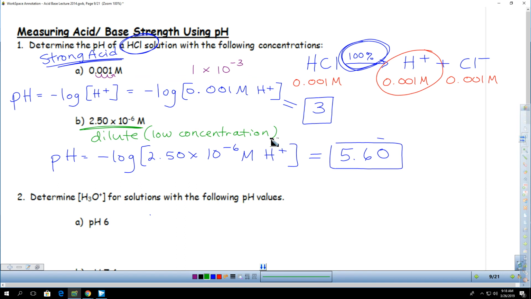On the flip side, you could have a weak acid with a pH of 1, 2, 3. It would just mean that the weak acid has to have a really high concentration. It must be a highly concentrated solution because a weak acid would not dissociate fully.